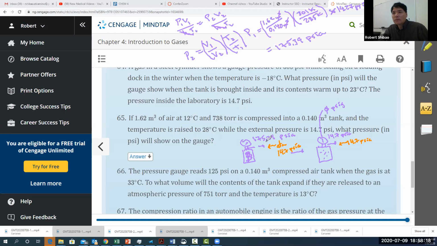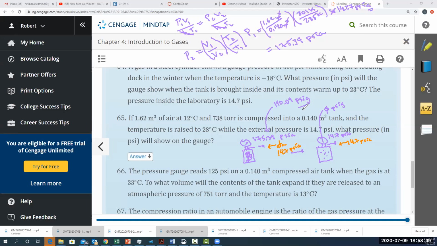Well, what's that going to be in PSIG? And so in PSIG, we got to add that last little bit that we can't suck out of there. So it's going to be 175.39 plus 14.7, which gives us 190.09. And so this is actually 190.09 PSIG.